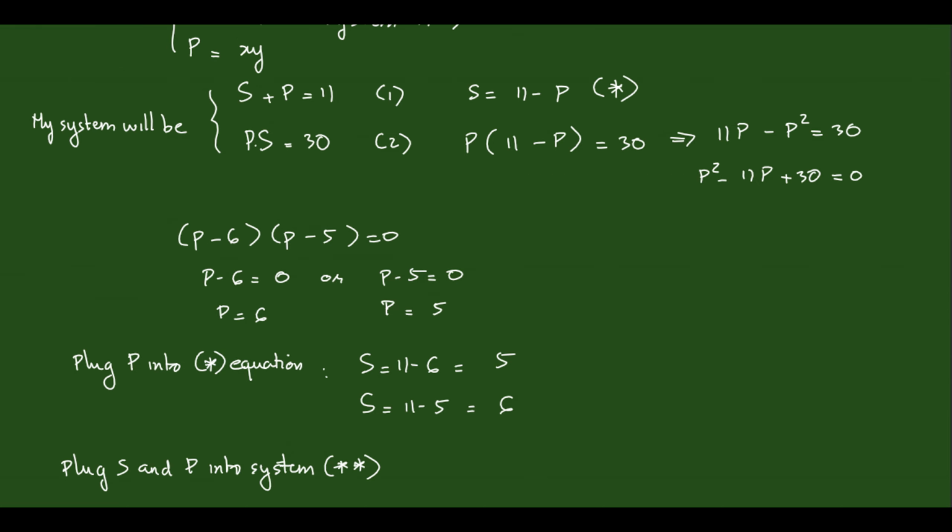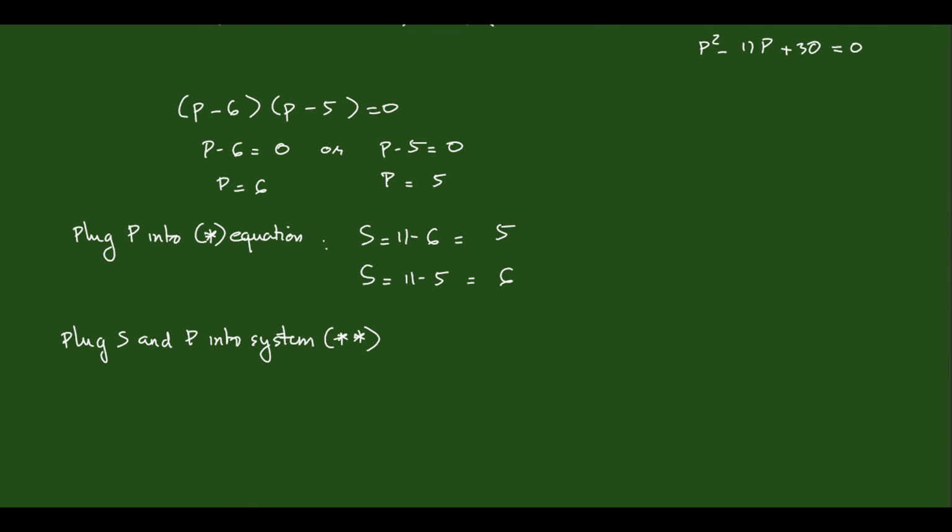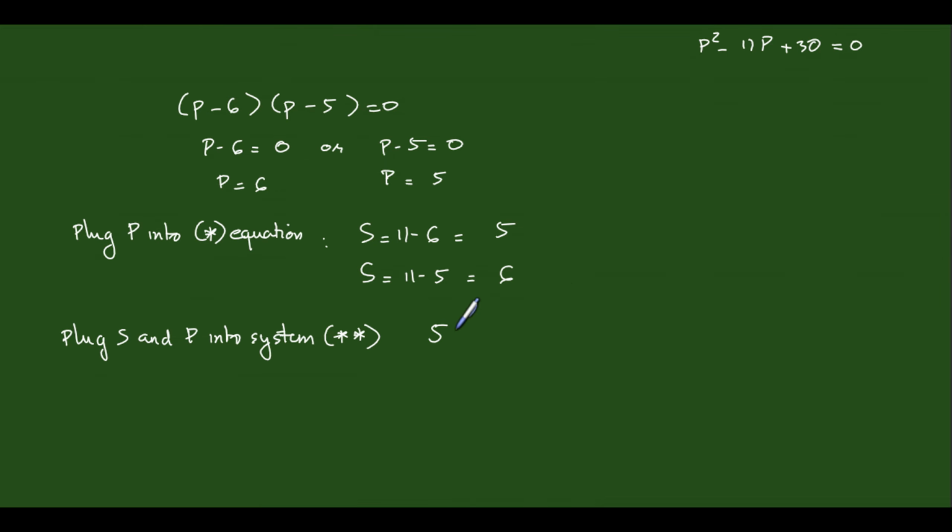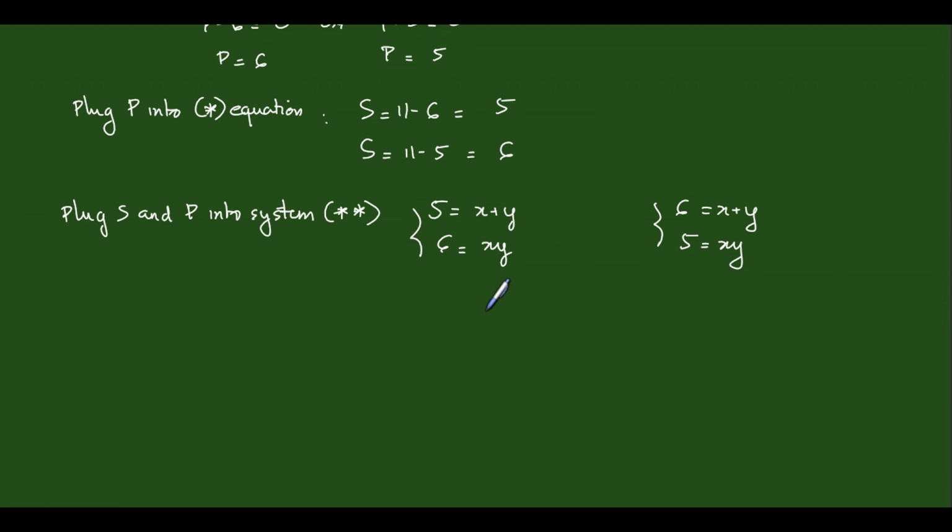And if s is 6, p is 5. Here you go. So I have two more systems to solve for x and y.